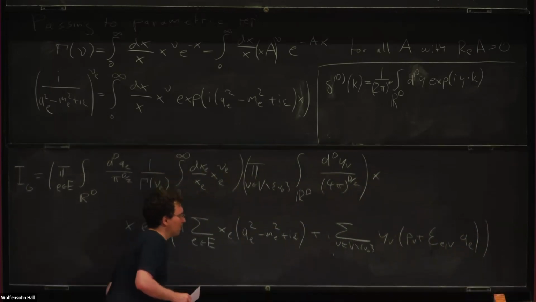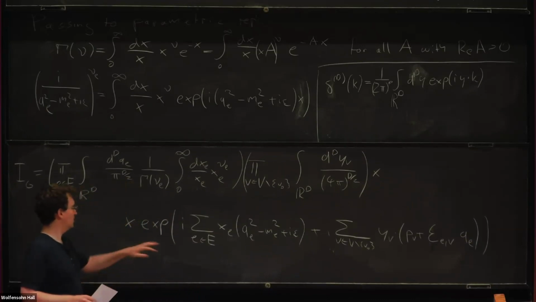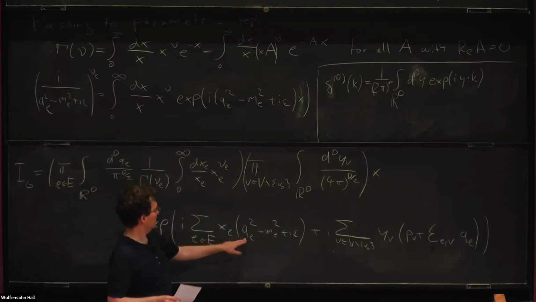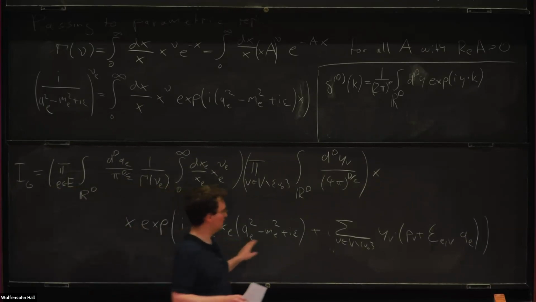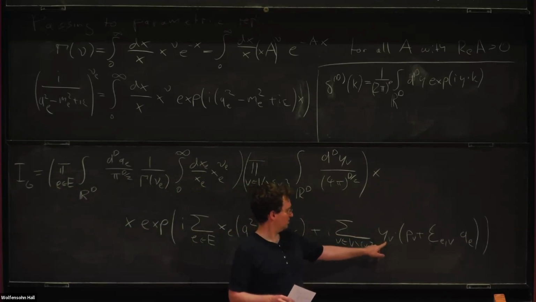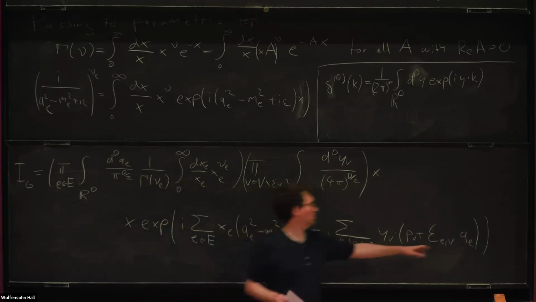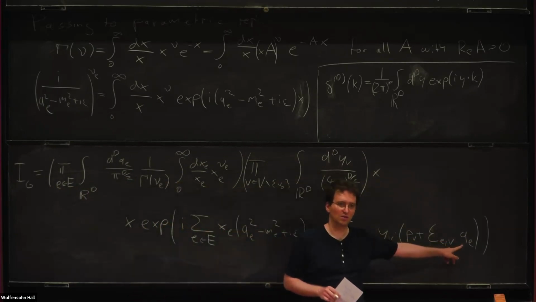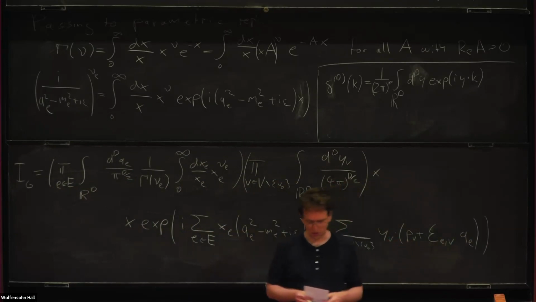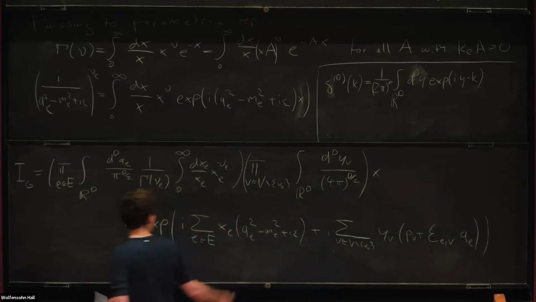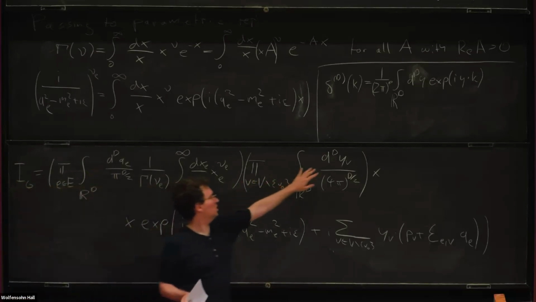And what you see, of course, is that now the integrand is a nice Gaussian in these Q's, and it's linear in the Y's, so it looks linear. But if we complete the square in Q, because we also have a linear term in Q, you can imagine that we also pick up a square term in Y. So what we have here is a double Gaussian integral over these Q's and these Y's.